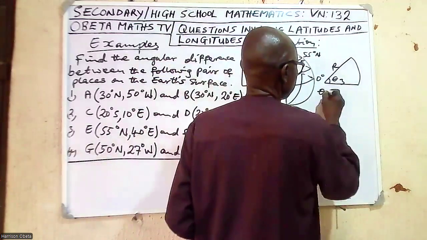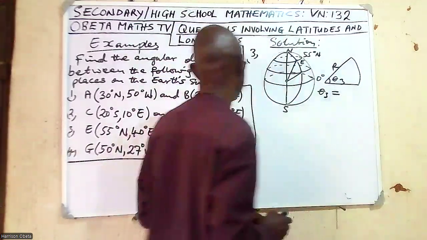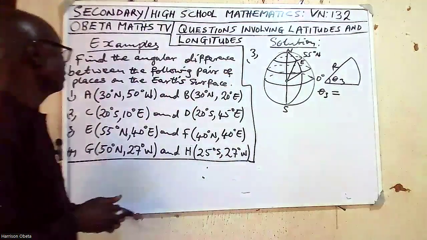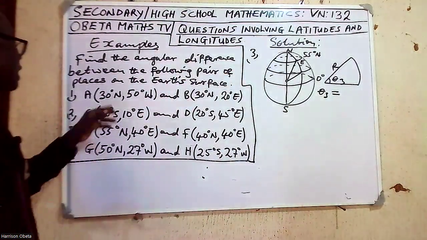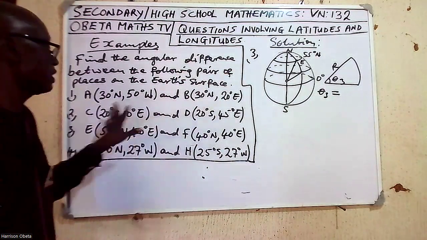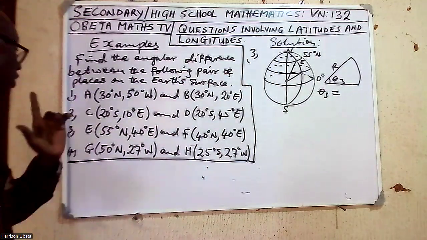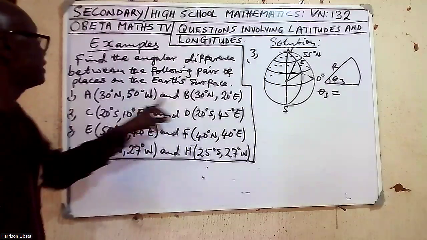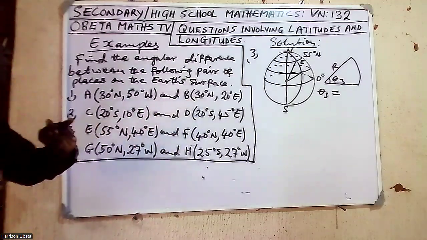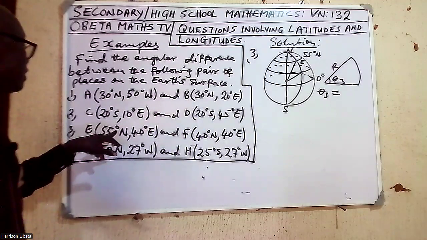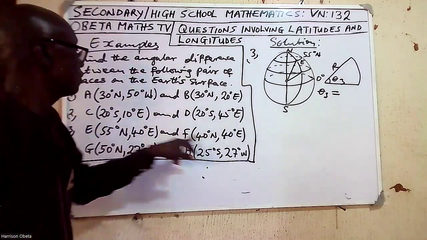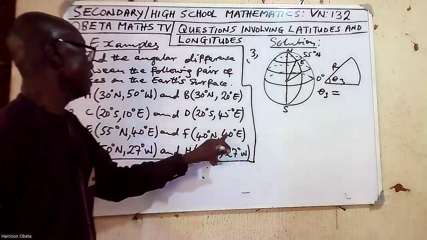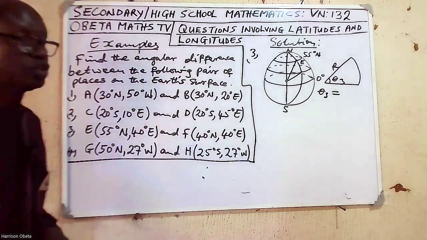So theta 3 is equal to, again, let's check. Also take note, any value that is coming twice, that is where the distance should be. For instance, here we had 30, 30. That means distance along latitude. Here we have 40 east, 40 east. That means the distance is along longitude.